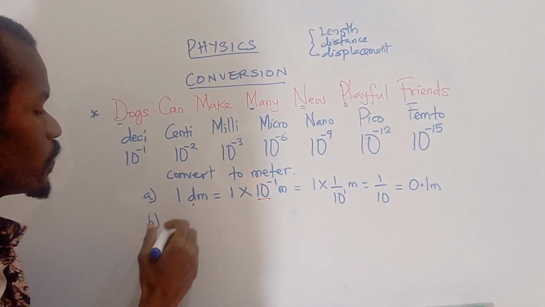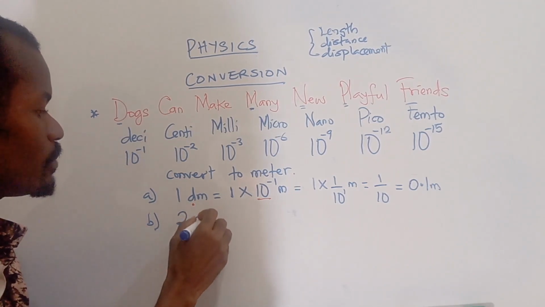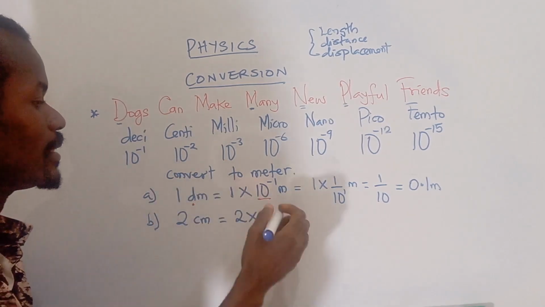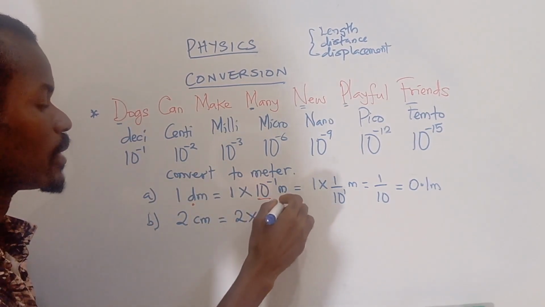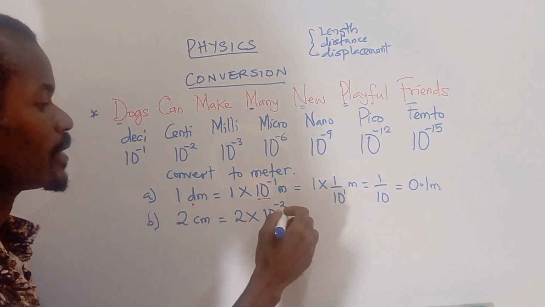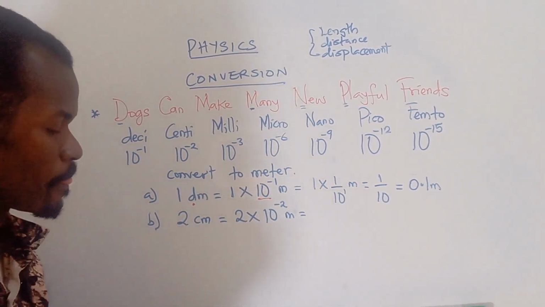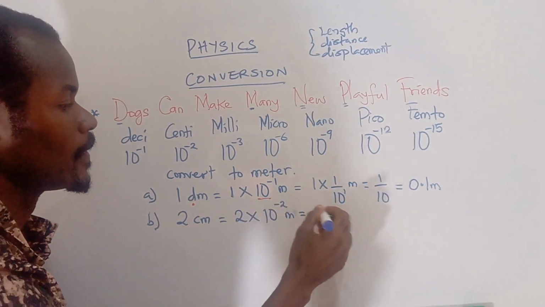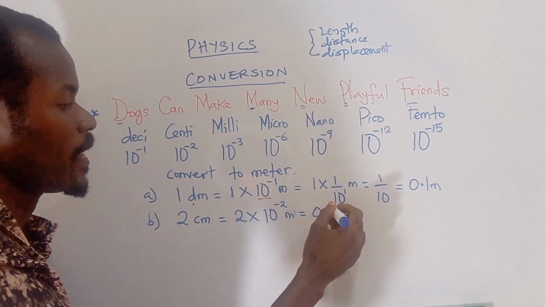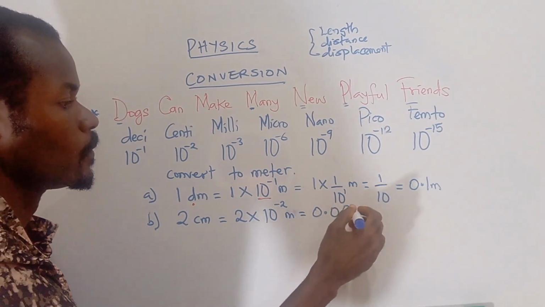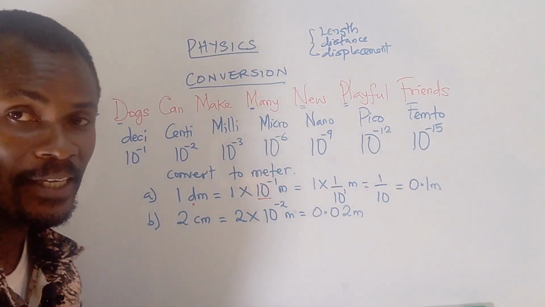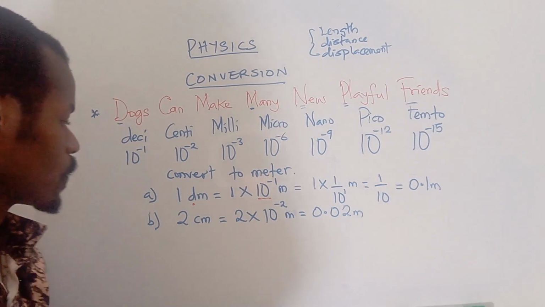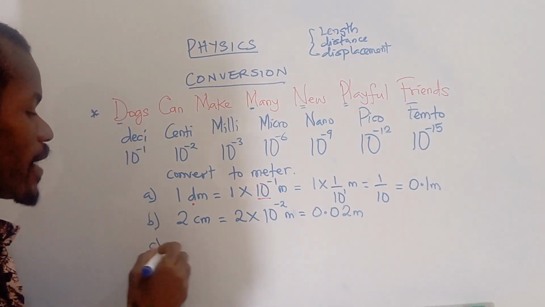So the next one, let's say if we have 2 centimeters, I'm simply going to use 2 to multiply centi, 10 raised to the power minus 2, and we bring down the meter. Now, if you go through this process, you are going to get 0.02 meter, or you can simply use your calculator. All right, so the next one, let's try again.